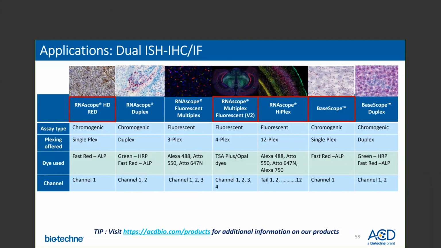What we refer to as a dual ISH-IHC or IF assay can be used to visualize RNA binding proteins and their target RNA and to dissect the regulation of gene expression. We have detailed technical and application notes available on our website with guidelines for combining your RNAscope protocol with protein detection. You can also contact us at technical support for that information.